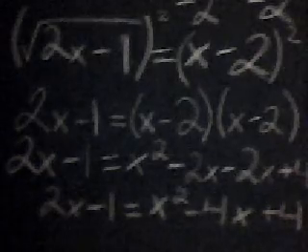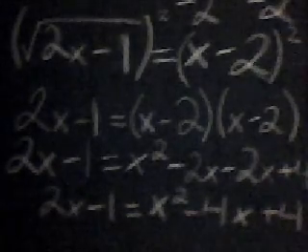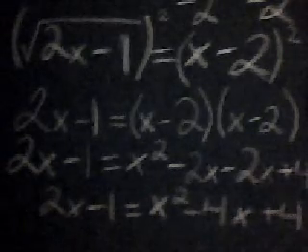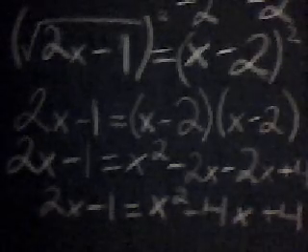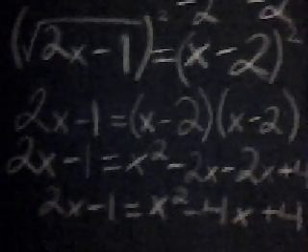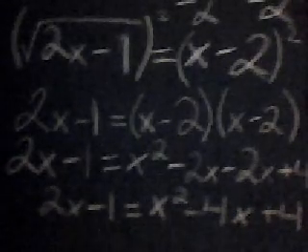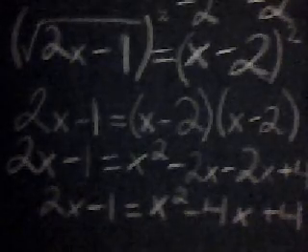Since you were left with 2 copies of x minus 2, you must FOIL both terms, leaving you with 2x minus 1 equals x squared minus 2x minus 2x plus 4, which is simplified to x squared minus 4x plus 4.